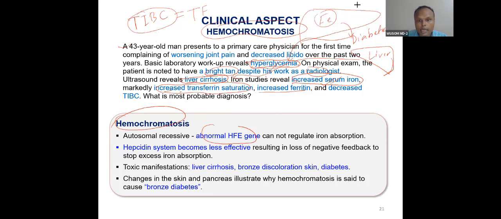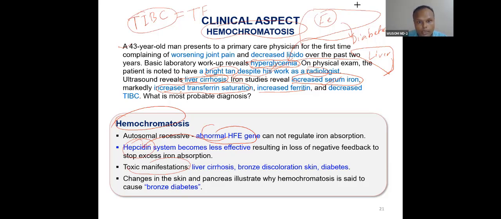An abnormality in this gene means it cannot regulate iron absorption. The hepcidin system becomes less effective, resulting in loss of negative feedback and toxicity. So low hepcidin is there.